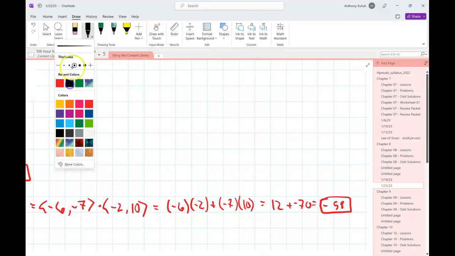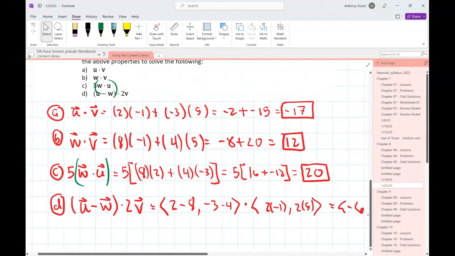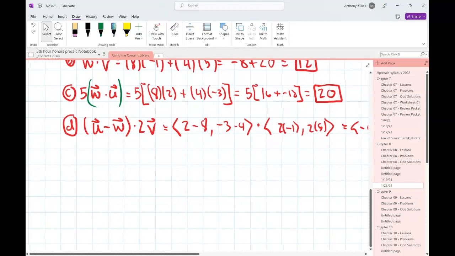Again, fairly straightforward, right? Just another operation, pretty easy operation to use, but you have to remember the definition.